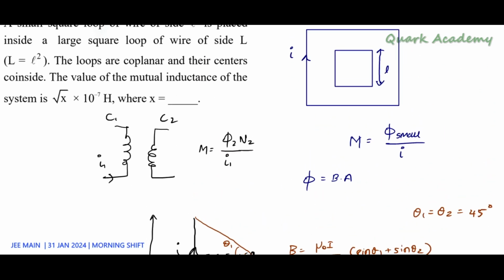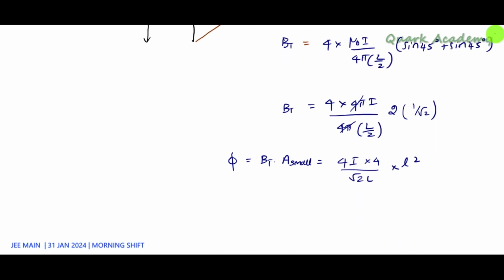In the question it is given l squared equals capital L, so we'll substitute that value also. So 4I into 4 by root 2 L into L. This L will get cancelled. This we can simplify to root 2. So we are getting 8 root 2 I.